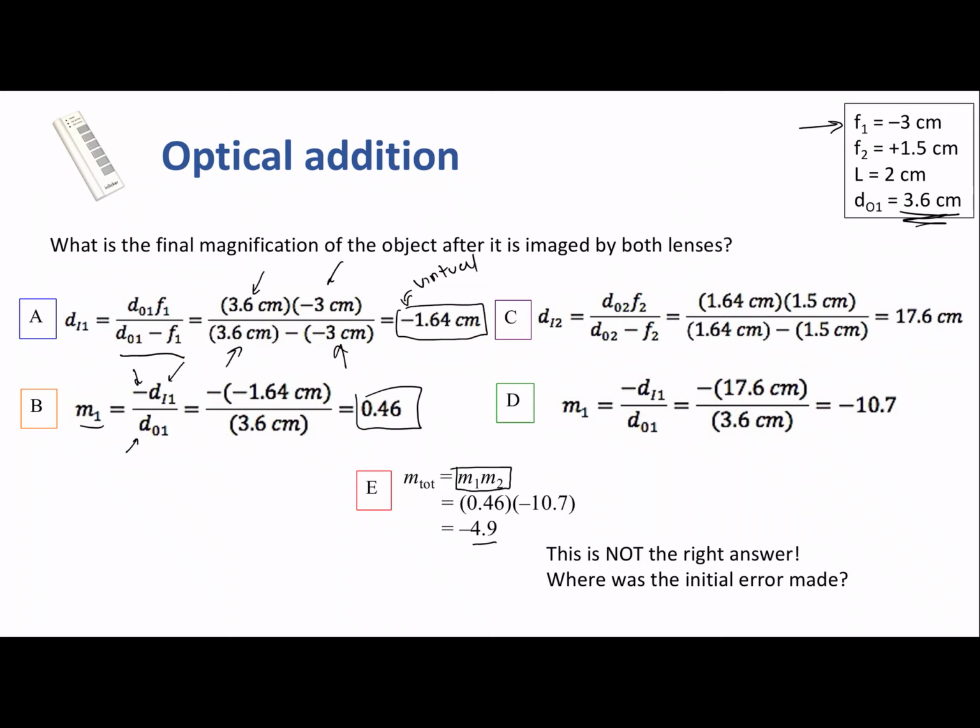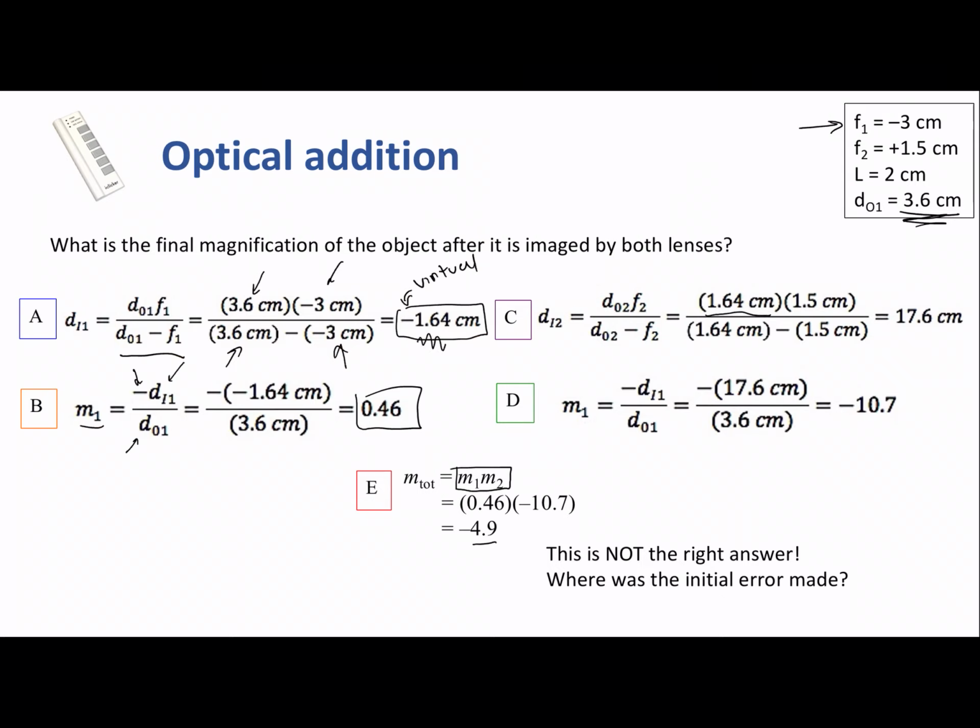C, excuse me. Now we're going to take the object distance for the second lens times the focal length of the second lens. Well, now we've plugged in the image distance I get here, my 1.64. Let's check that out.